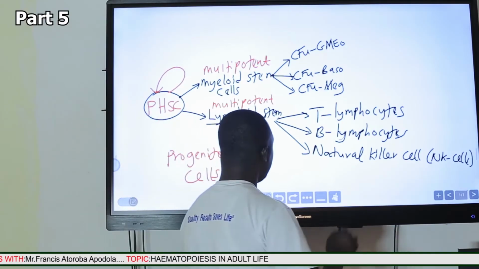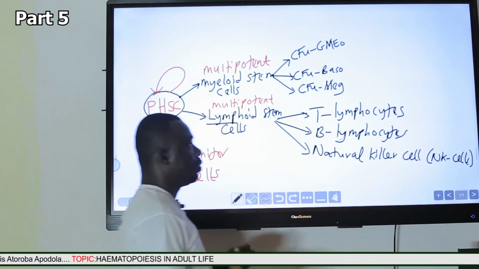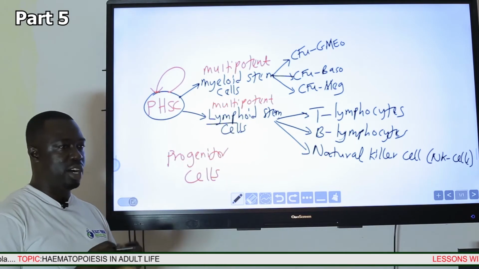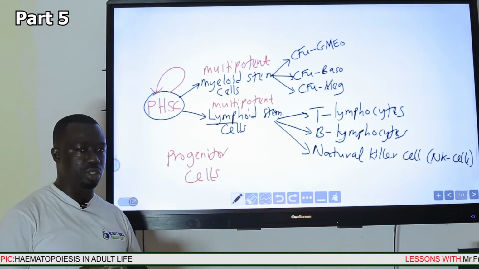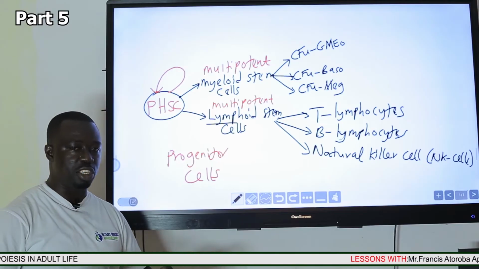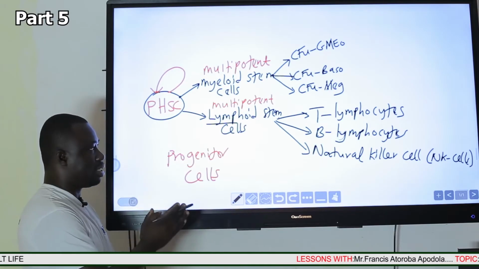Now, when we say colony forming unit, a colony, just as in bacteriology, refers to a collection or a group of bacterial cells.